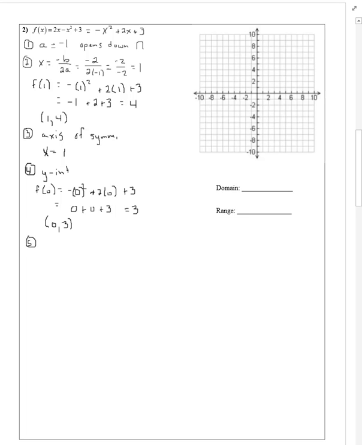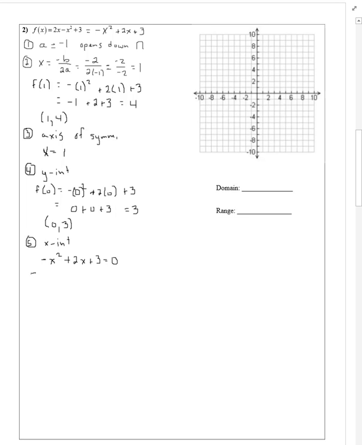For x-intercepts, we set y equal to 0, meaning we take the equation, set it equal to 0, and solve for x. Now, I can't factor with a negative x. I mean, you can, but it's hard.